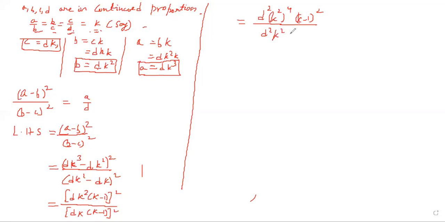Next is D square K square into K minus 1 whole square. So D square will be cancelled out. This K square whole to the power 4 becomes K to the power 8, power on the power, so it will be multiplied. D square K square, it is whole square only, not 4. Sorry.